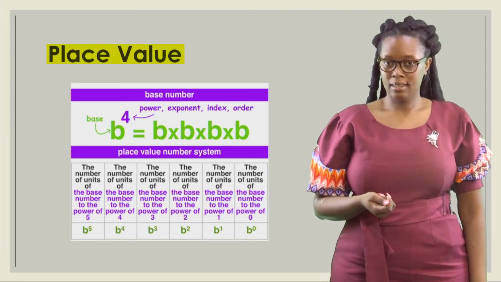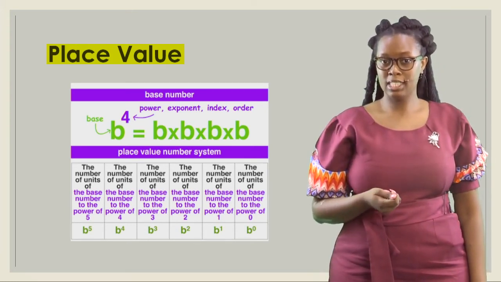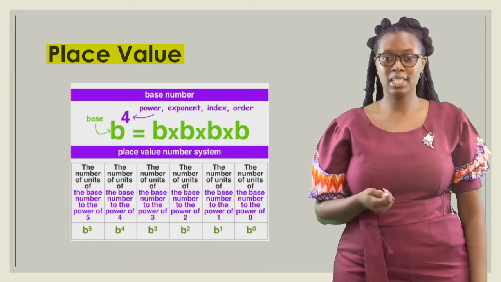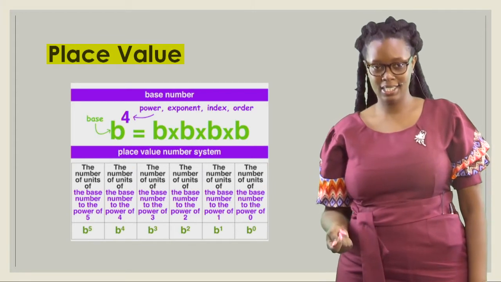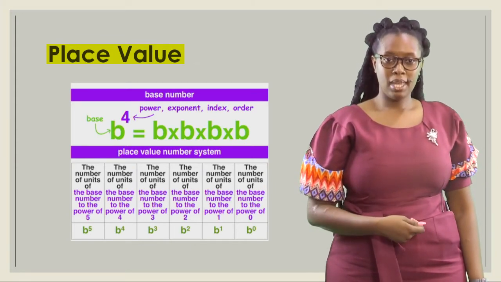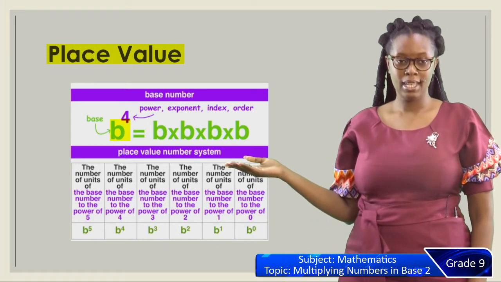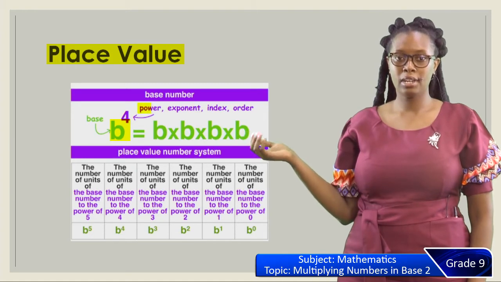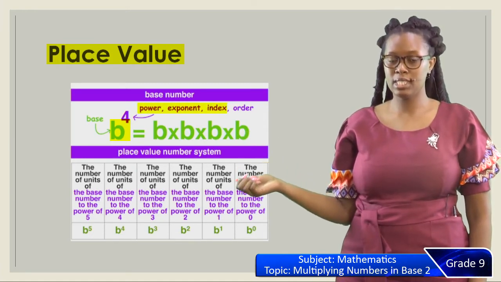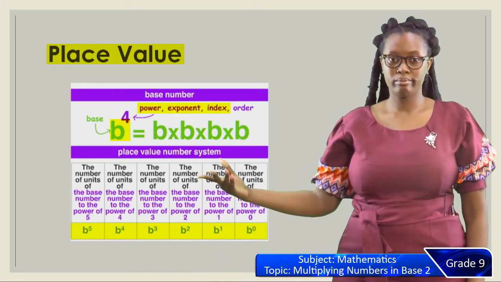The base 10 number system is also called the decimal system, and I'm going to explain how we arrive at the place value for each number in a specific system. So for the base, we're going to use b. The base represents whatever base we're dealing with, and the power, or the exponent or the index, we usually start from 0 and we go all the way to infinity.